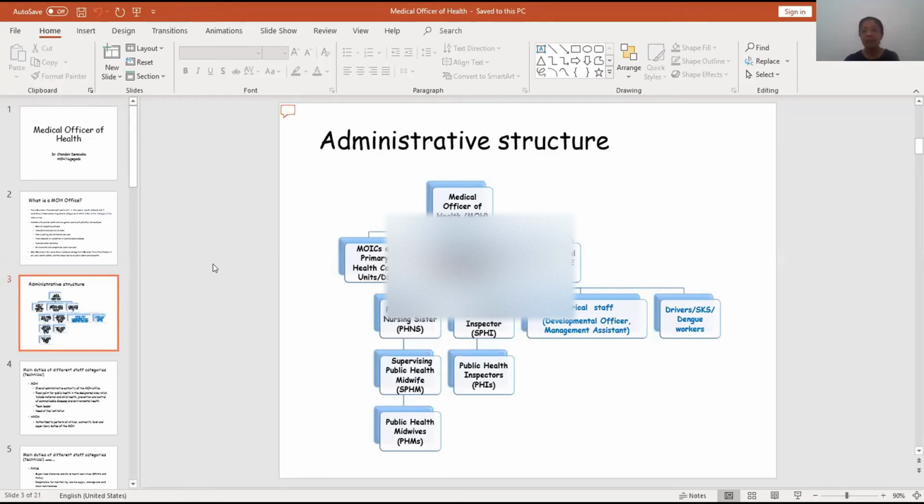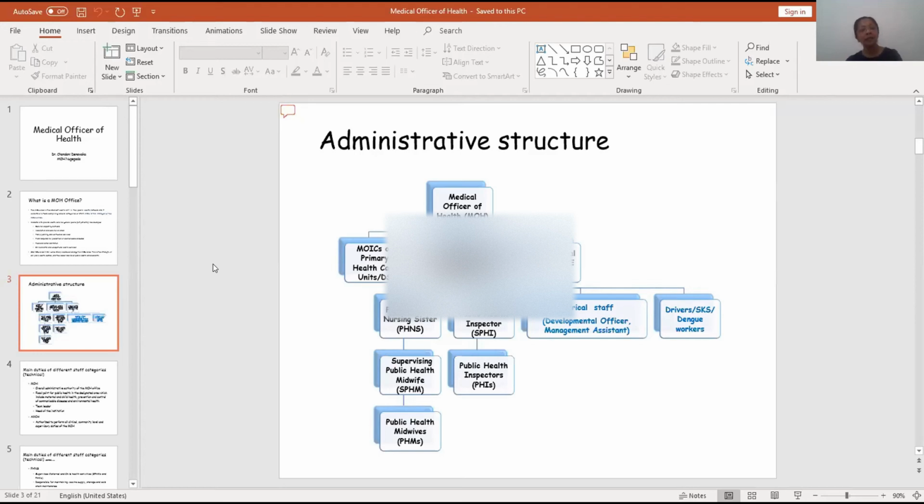epidemiologists. If we take the administrative structure of the MOH office, the medical officer of health is the team leader, and to help her or him, there are additional medical officers of health. Technically they are at the same level, but administratively, the medical officer of health is superior to them.